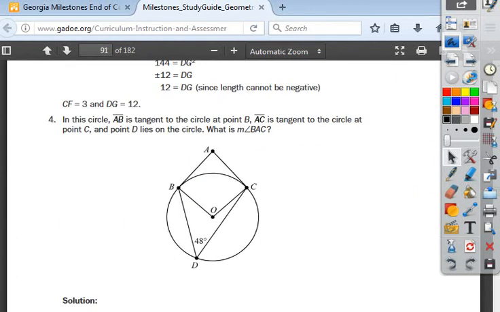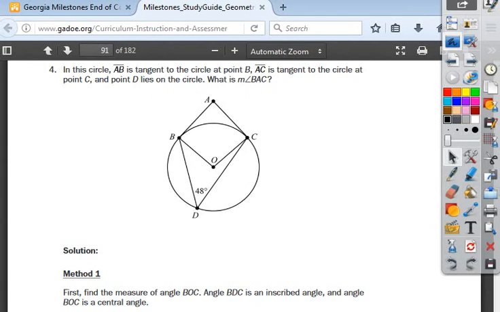All right, so here, if it tells me this point, I'm supposed to find this angle. It says AB is tangent to circle at point B, AC is tangent. What is the measure of that angle? What do I know about this right here?